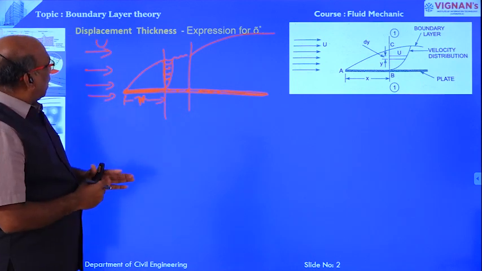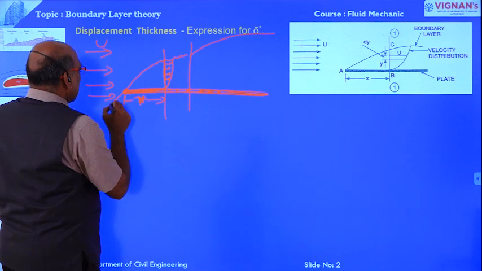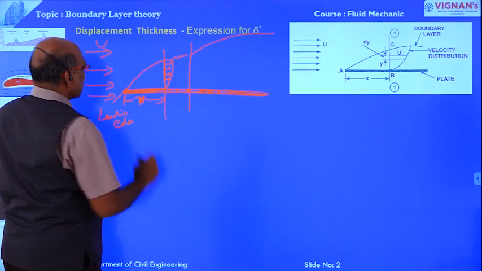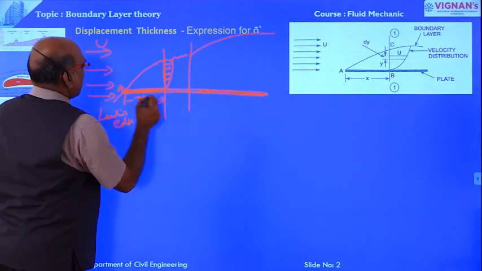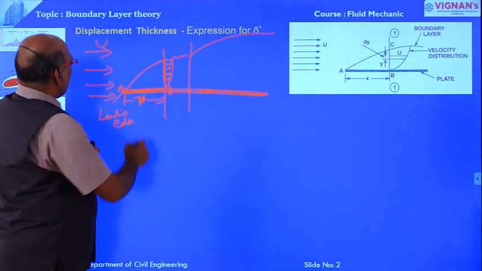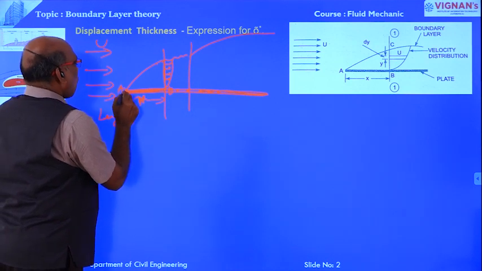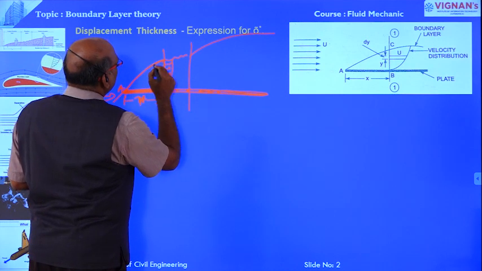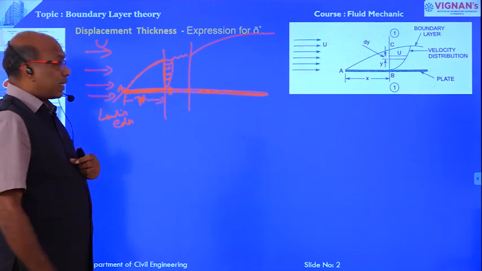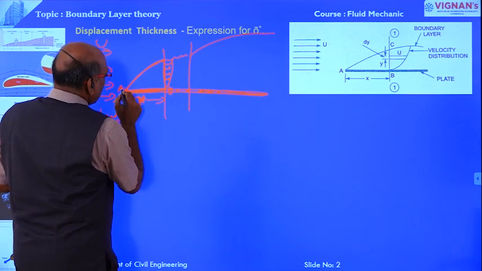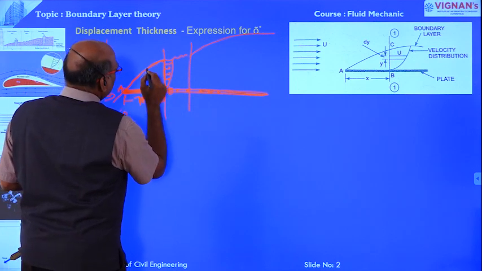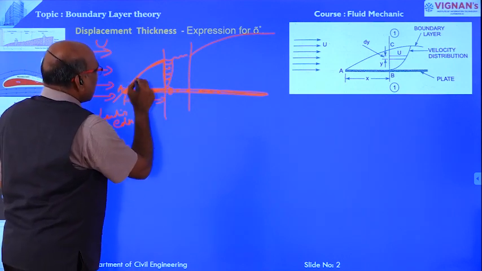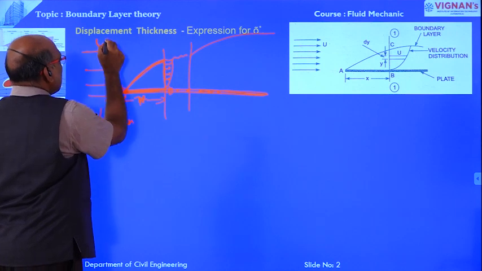This is the leading edge. Say this is point A, and this is point B. From the leading edge, point A, to point B, the boundary layer thickness is very thin. And the flow in this zone is laminar, even though the main flow is turbulent.